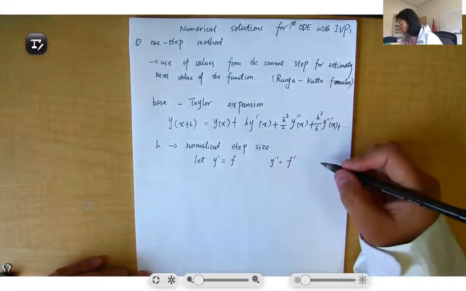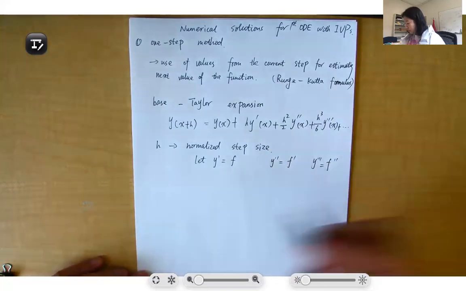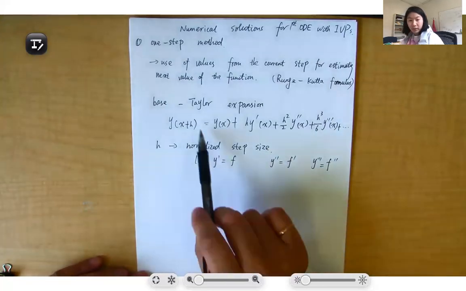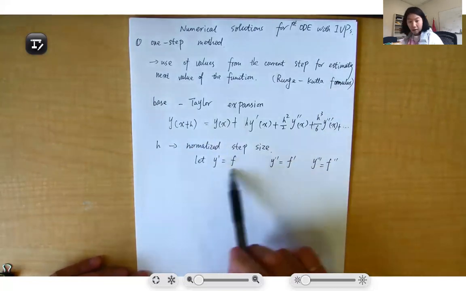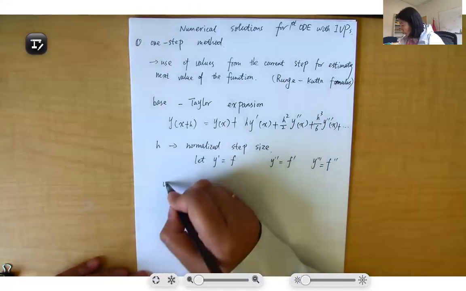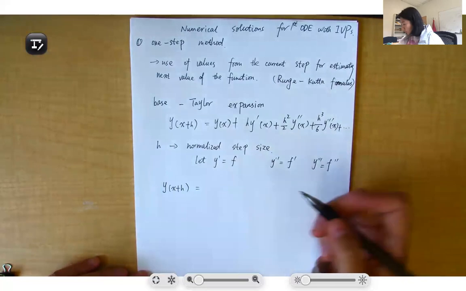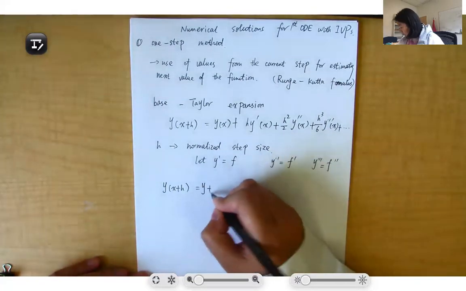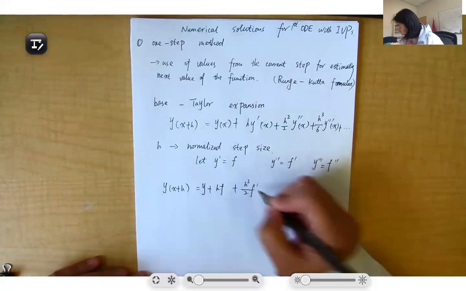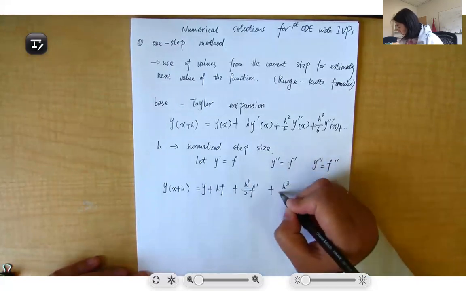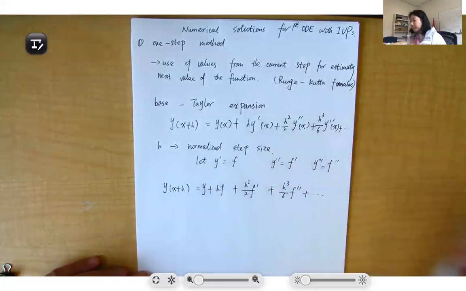So y triple prime will be f double prime. So you can rewrite these equations for y(x+h) using function f. So y(x+h) will be equal to y plus hf plus h squared divided by 2 f prime plus h cubed divided by 6 f double prime plus dot dot dot.